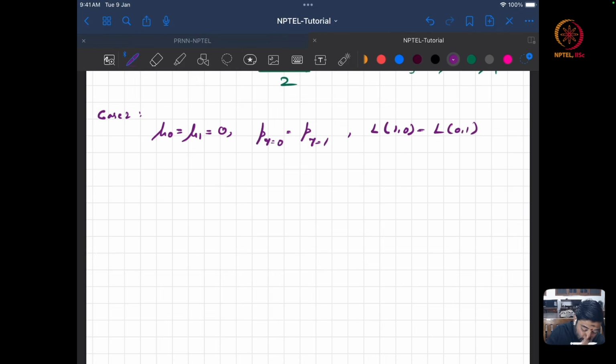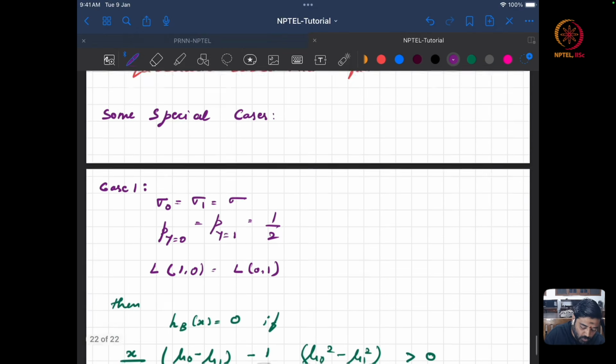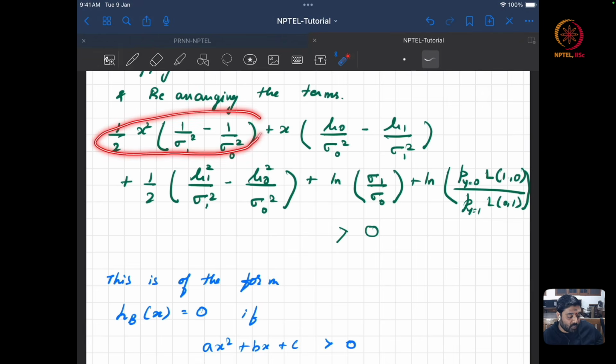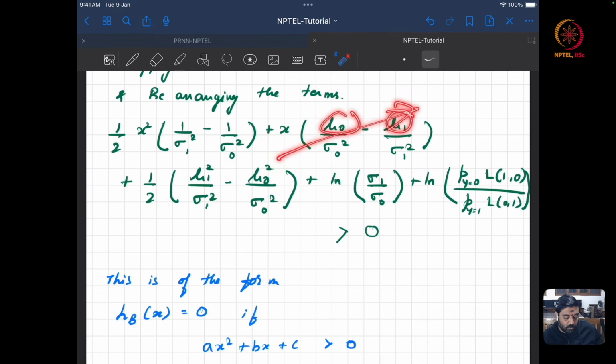Now in this case, what will happen? Since mu 0 and mu 1 are 0, I will have the x square term, but this term will go off, this term will go off, this term will go off. These terms will go off.